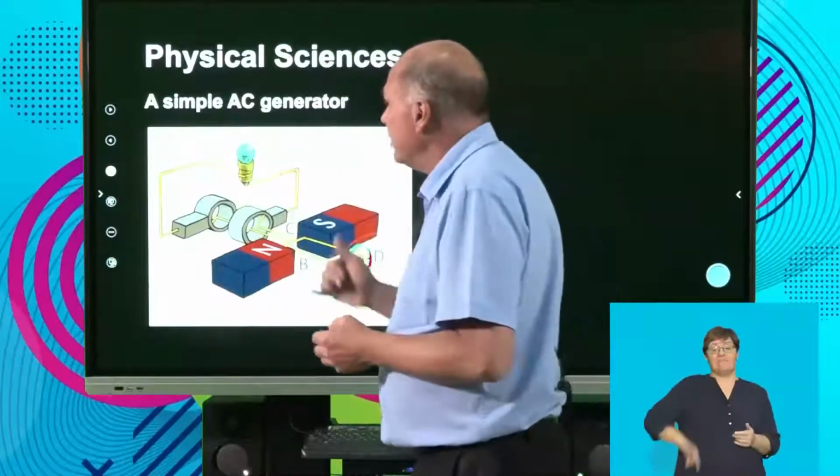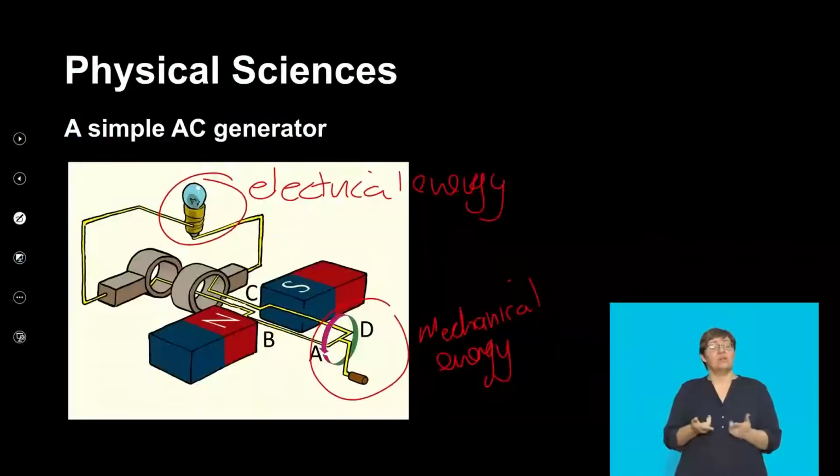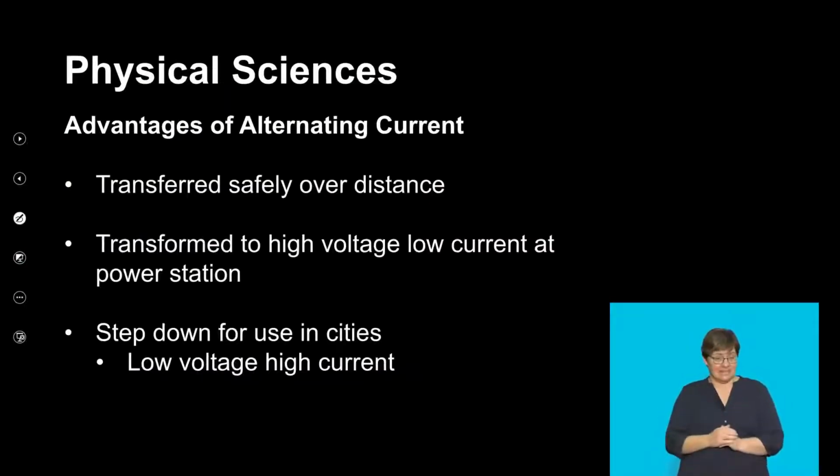I suppose we could produce direct current using a different type of generator, not an alternating generator. In fact, we can use a direct current generator. How would that be not as advantageous as this one? Well, the advantage of the alternating current generator is that it's safe to transfer electricity over a long distance.